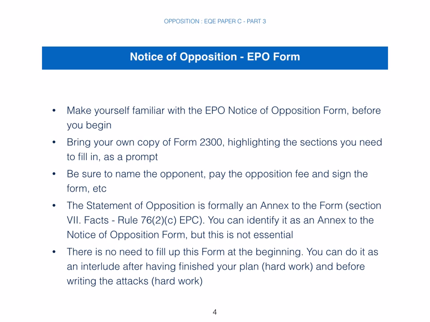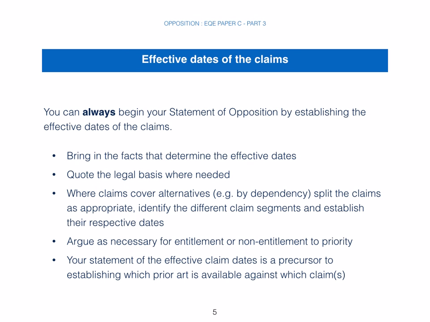Next, we turn to the opening of your statement of opposition, which is the effective dates of the claims. You can always begin your statement of opposition by establishing the effective dates of the claims.